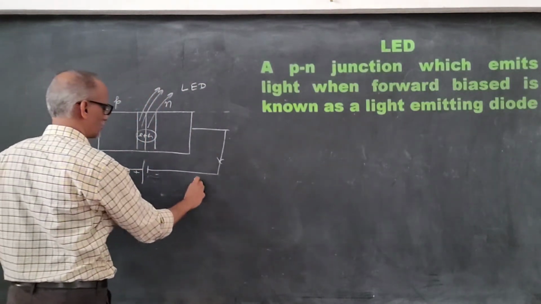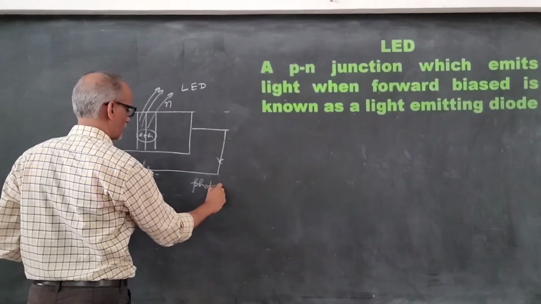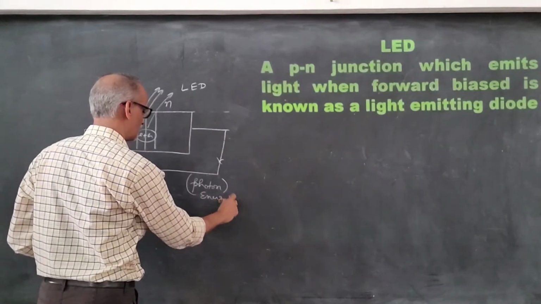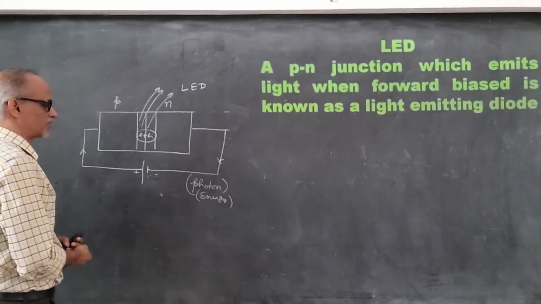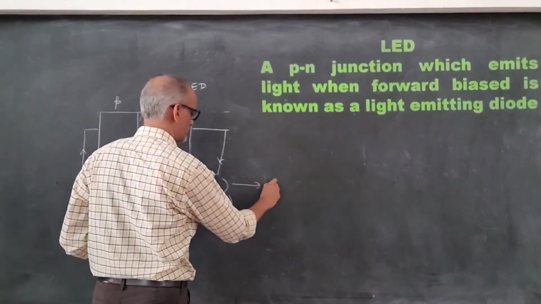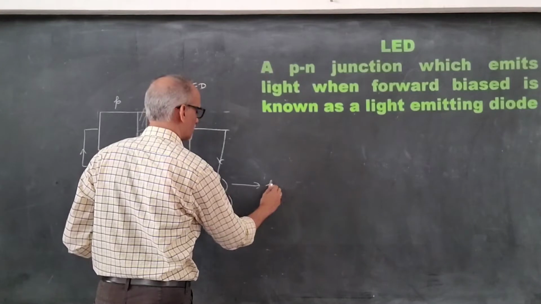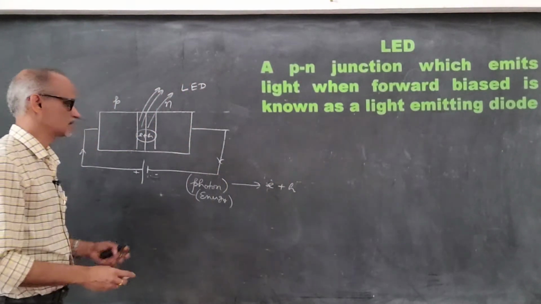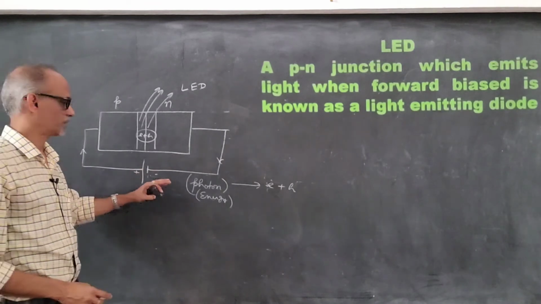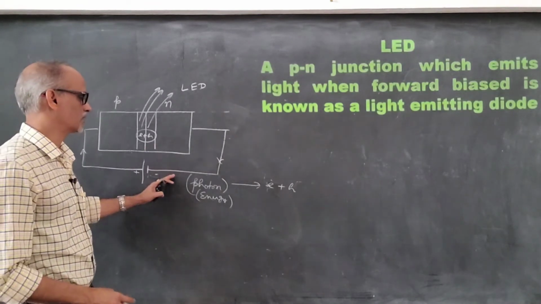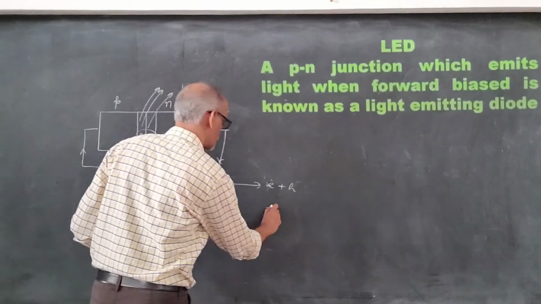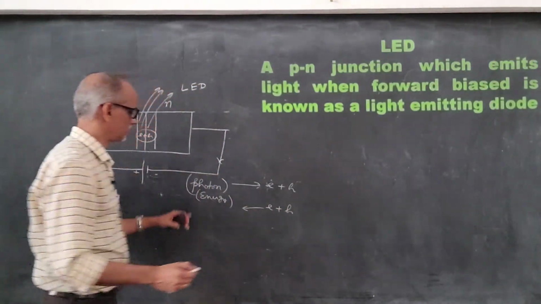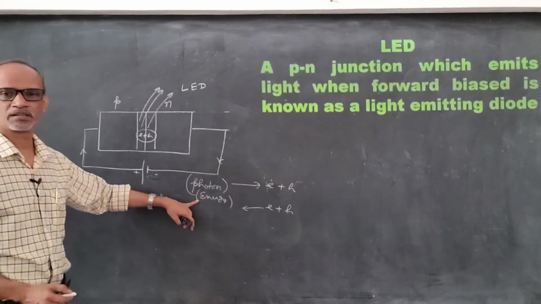In a photodiode, a photon, which is nothing but a quantum of energy, gives out an electron and hole. That is in the photodiode. That is, a photon creates charge carriers, and now when charge carriers combine, we get back the energy, which is nothing but a photon.